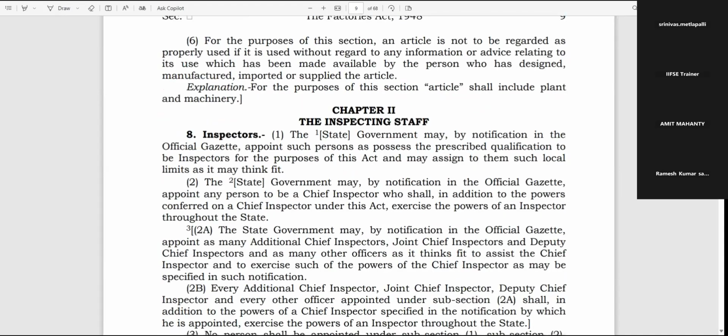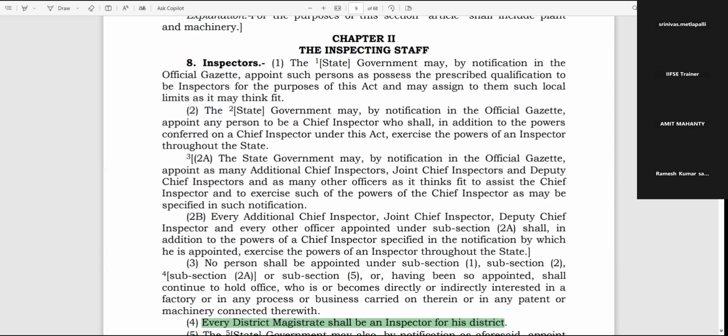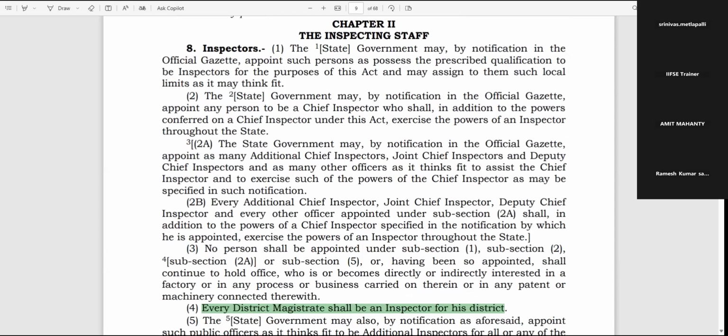Then we have Chapter 2, the inspecting staff. So here you can see the inspectors. So who will be the inspector? The state government may, by notification in the official gazette, appoint such persons as possess the prescribed qualification to be inspectors for the purpose of this Act, and may assign to them such local limits as it may think fit.